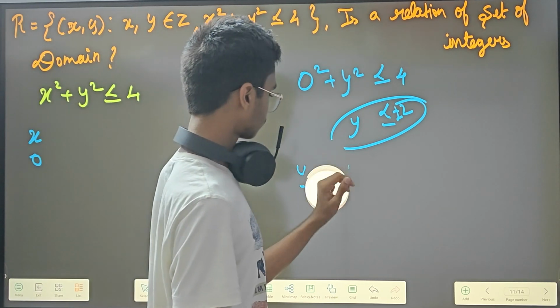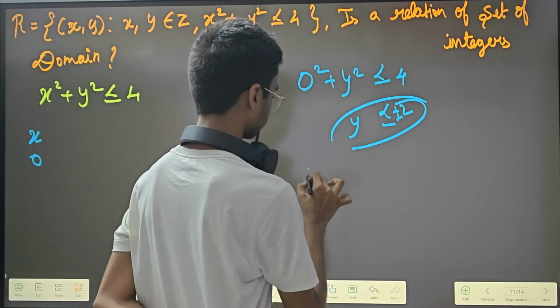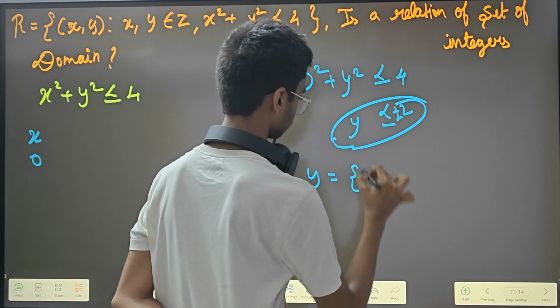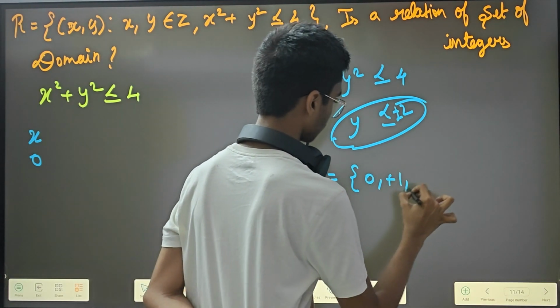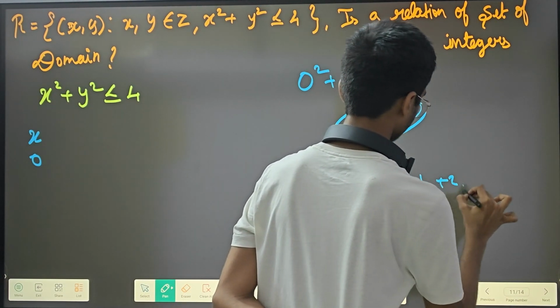Okay, y can be 0, plus 1, minus 1, plus 2, minus 2.